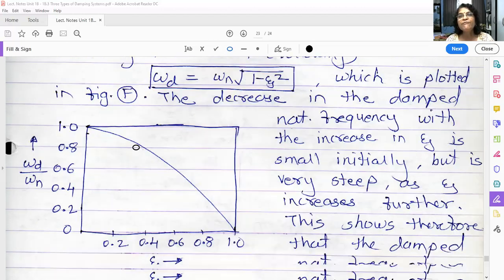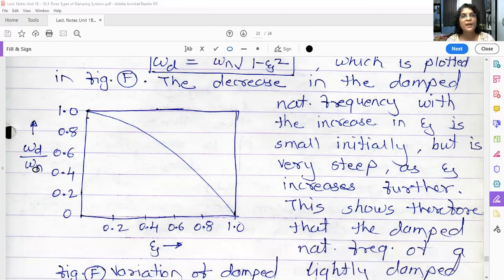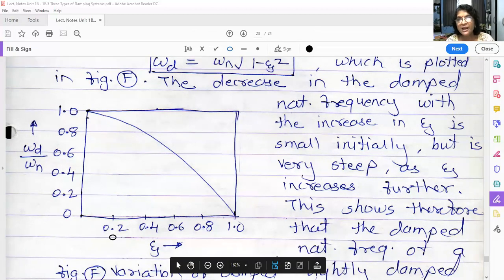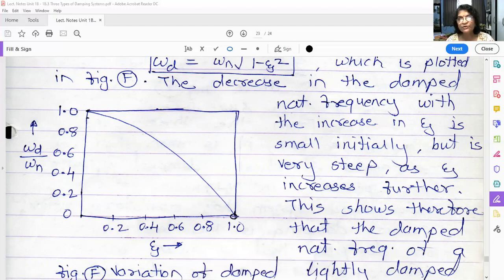So we plot the graph of the ratio of omega d upon omega n and zeta. For underdamped vibration, what is the range of value of zeta? Just above 0 and just below 1. So it is ranging 0 to 1, excluding 0 and 1.